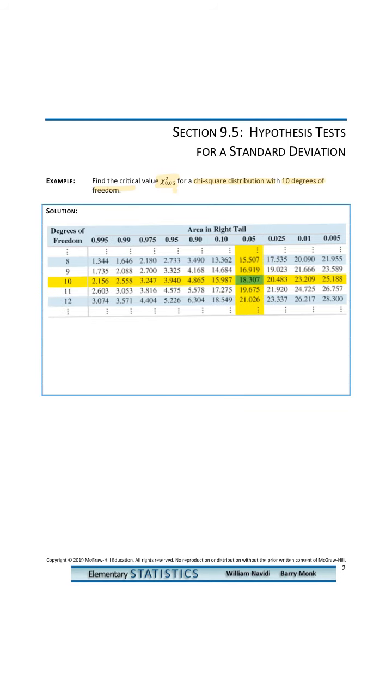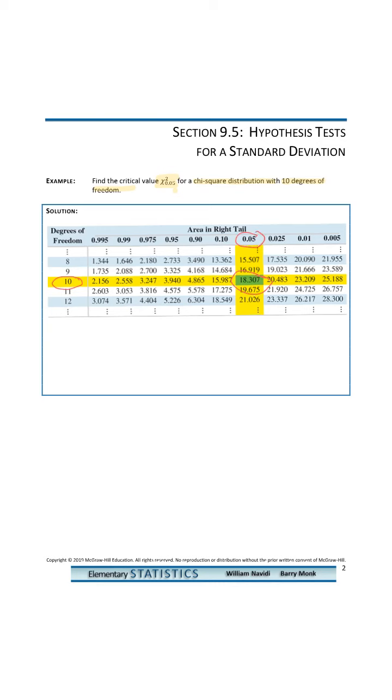Find the critical value chi-square 0.05 for the chi-square distribution with 10 degrees of freedom. The critical value is located at the intersection of the row corresponding to 10 degrees of freedom and the column corresponding to alpha 0.05.